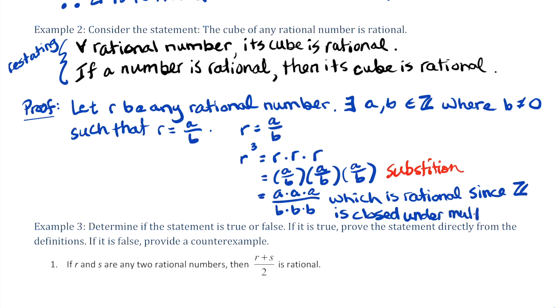So remember, when you multiply two integers, you get an integer out. And we're all done.